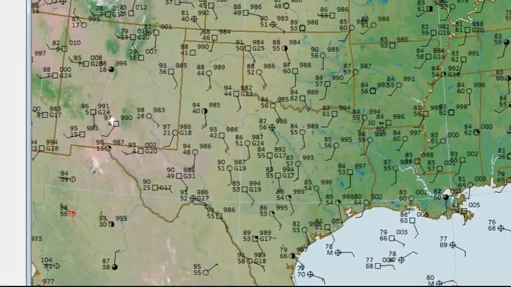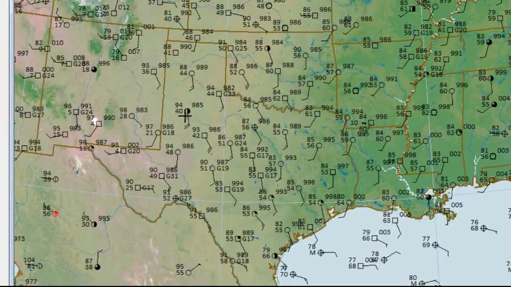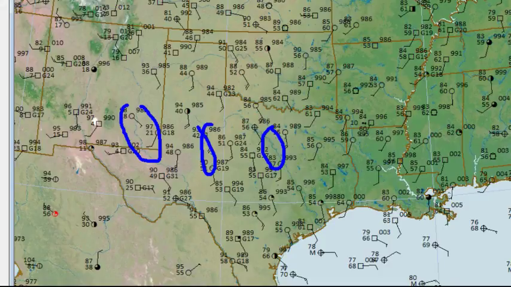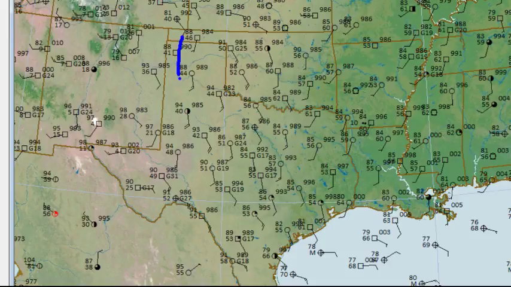So if we look at the surface chart, I don't see a very clear dry line here. We just go gradually from 20s up to 40s and then 50s. So you could probably make a case of a weak one, maybe something like that right there, but I don't see a very well-defined boundary right now. So that kind of shows you the importance of having upper-level forcing really bringing things together there in the southern plains.